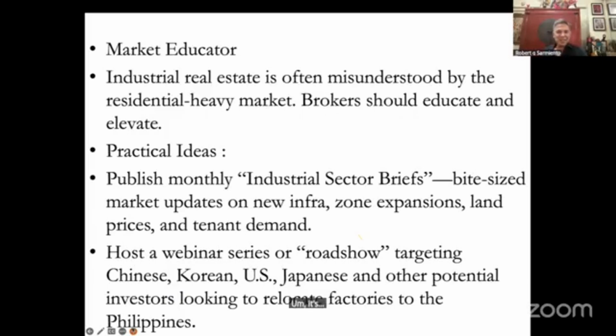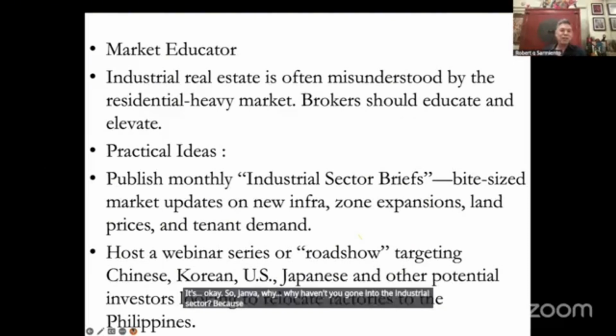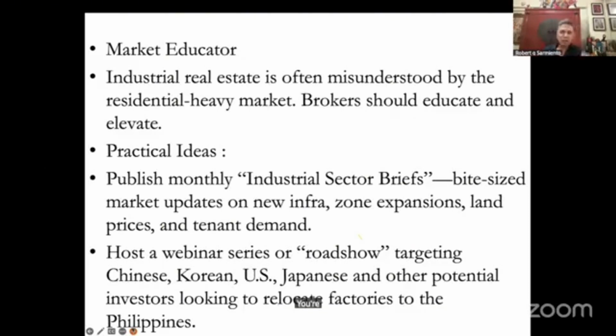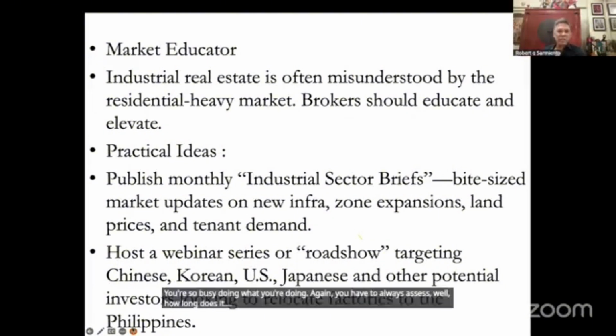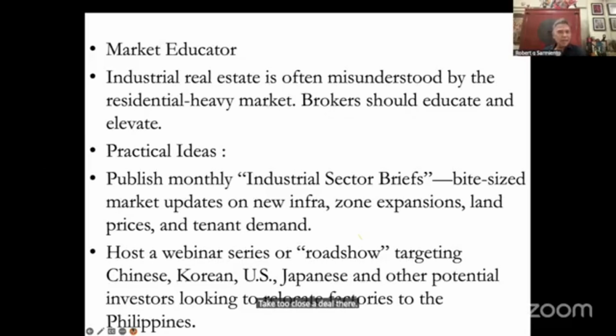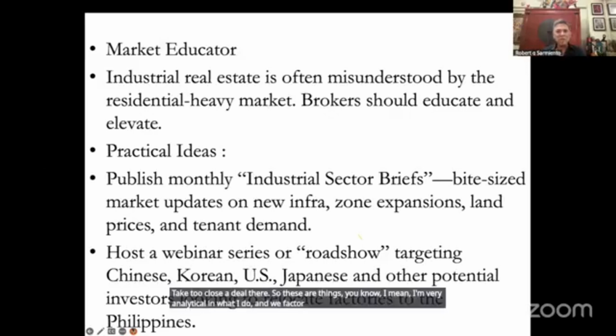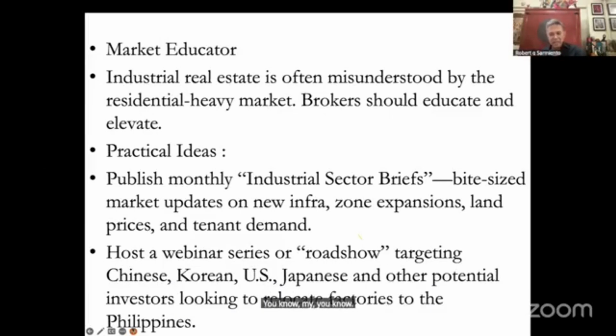Okay. So, why haven't you gone into the industrial sector? Because of lack of knowledge. You're so busy doing what you're doing. Again, you have to always assess, well, how long does it take to close a deal there? These are things, I'm very analytical in what I do. We factor in the time, of course, and the kind of clients that we close with.